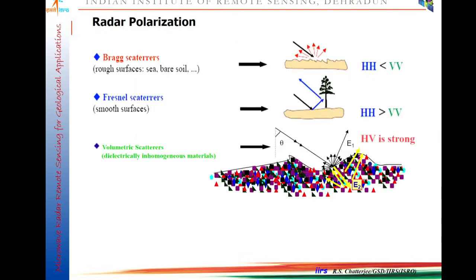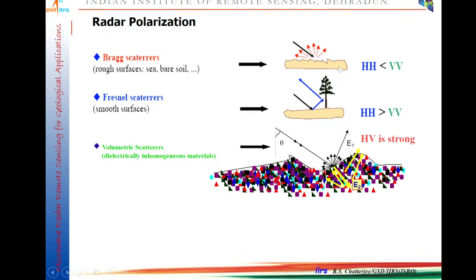So now you see, because of this different polarization of the radar wave, their interaction with the Earth surface also will be different. For example, if HH and VV radar waves are interacting with the Earth surface, then what will happen?